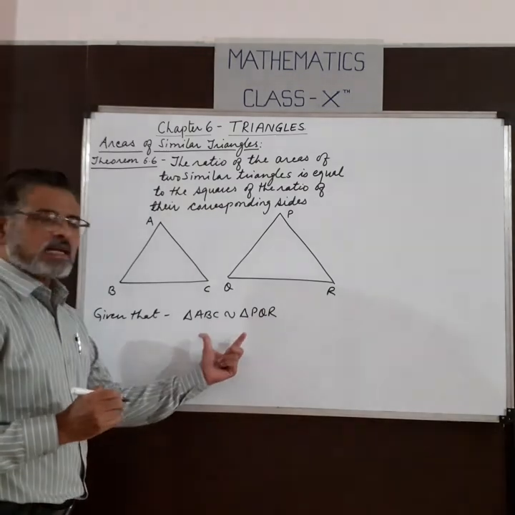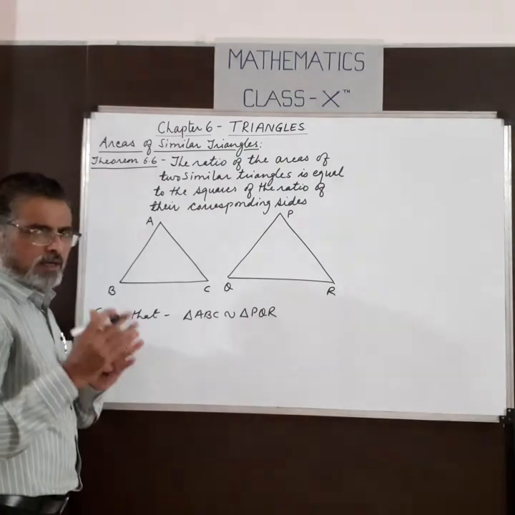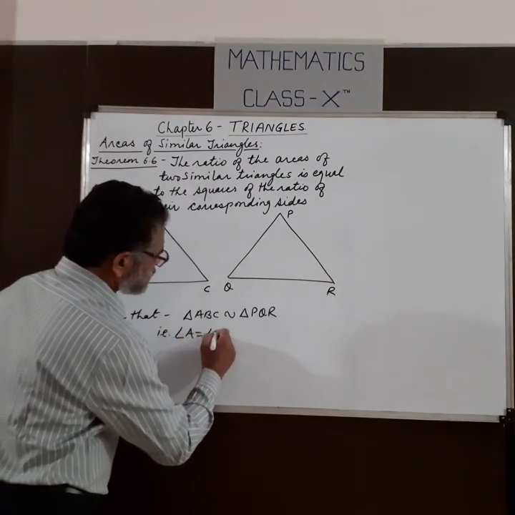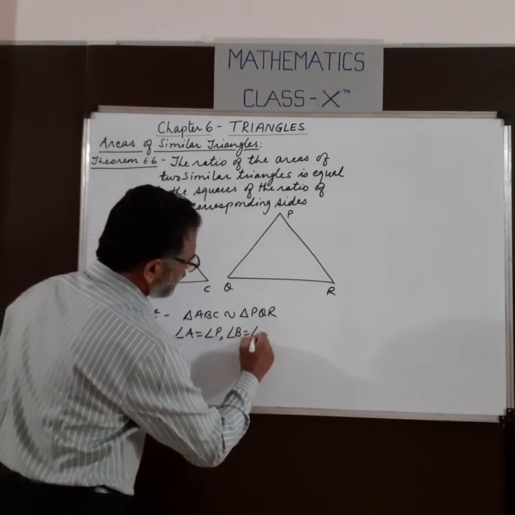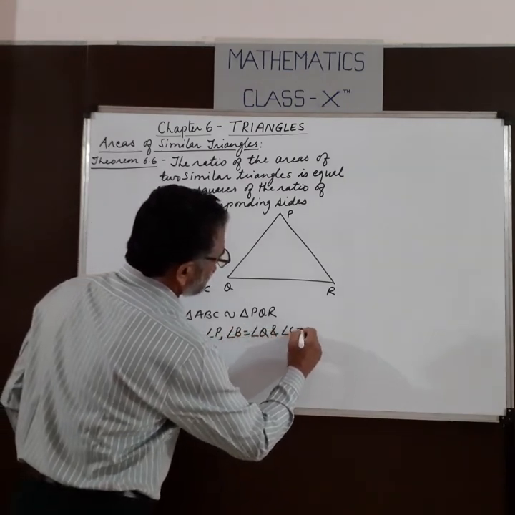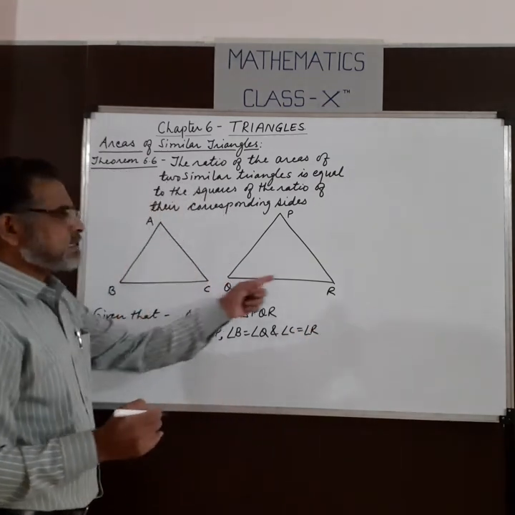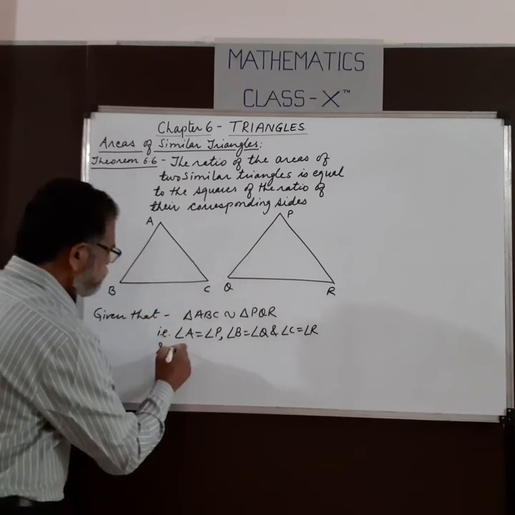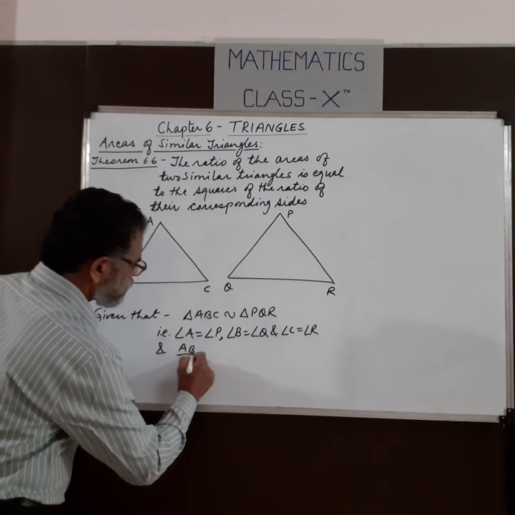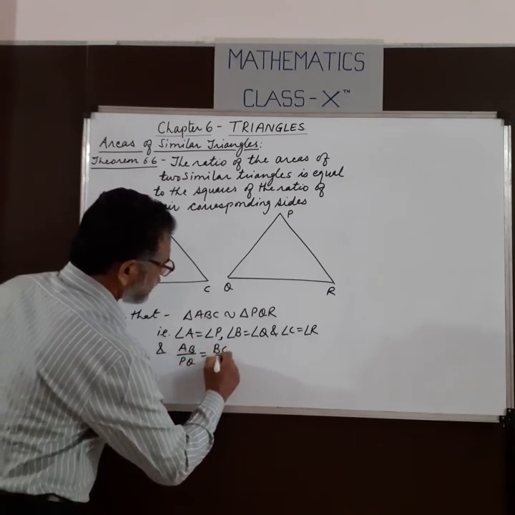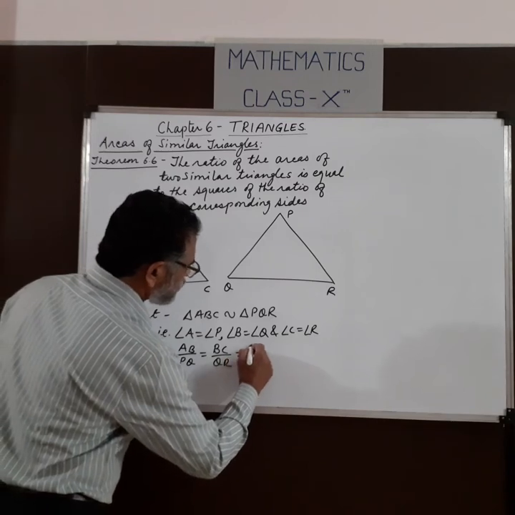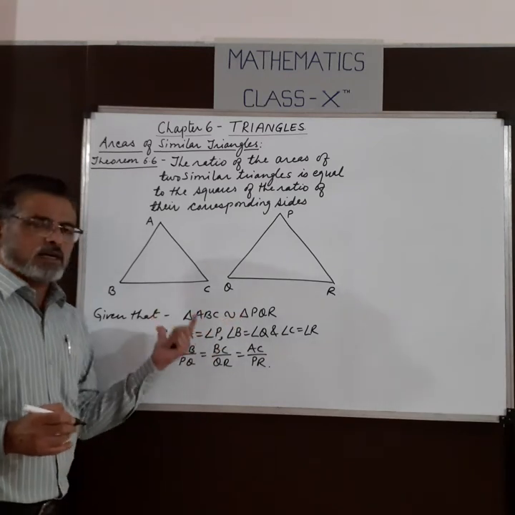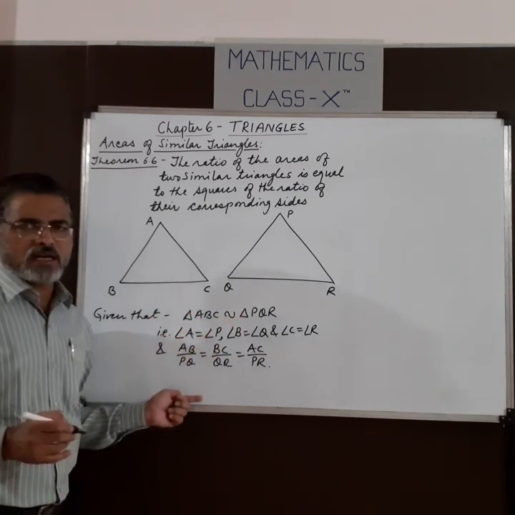If triangles are similar, then their corresponding angles are equal. Angle A equals angle P, angle B equals angle Q, and angle C equals angle R. Corresponding sides are also in proportion: AB upon PQ equals BC upon QR equals AC upon PR.